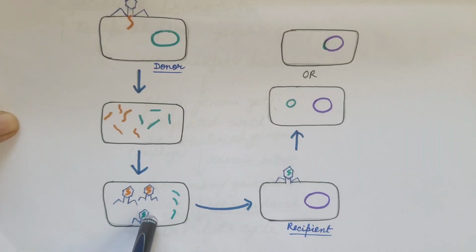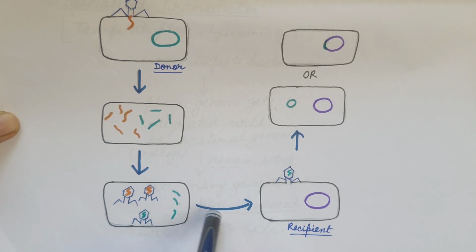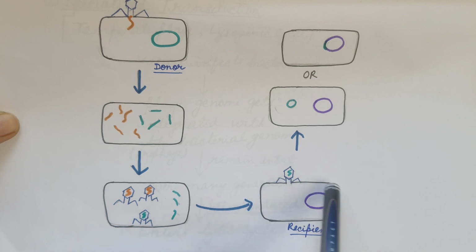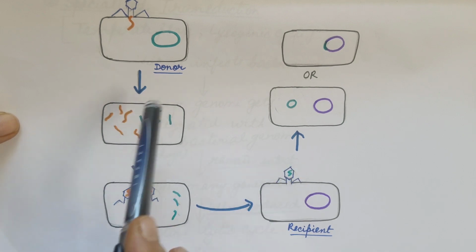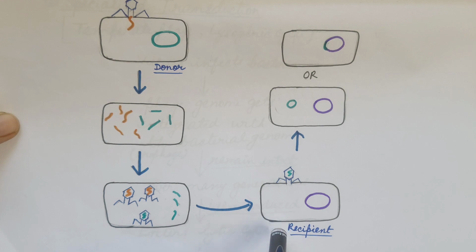The viral particle infects the recipient bacteria and injects the bacterial DNA fragment. This type of transfer is known as generalized transduction.